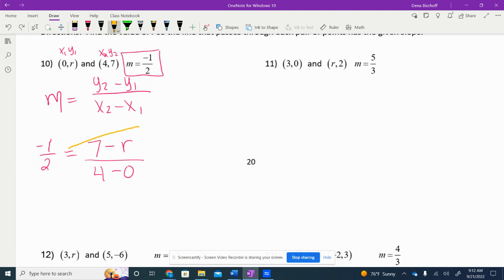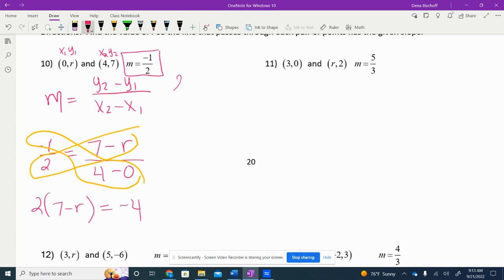So this is a proportion. Do you guys remember doing this? Solving equations? Okay. So I really have 2 times the quantity, 7 minus r, equals, what's 4 minus 0? 4 times negative 1 is negative 4.